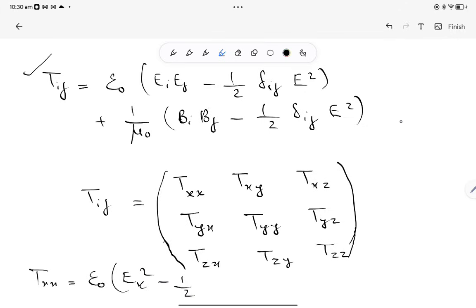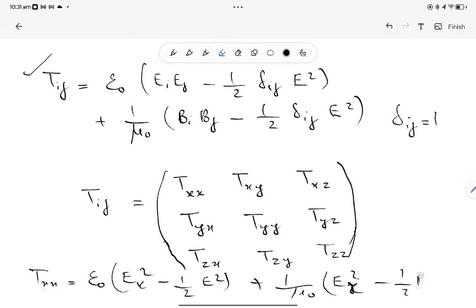And you know about Kronecker delta: it is equal to 1 if i is equal to j, and if i is not equal to j, it is 0. Since i is equal to j here, it is 1. So you get E square plus 1 by mu naught Ex Bx minus 1 by 2 B square.